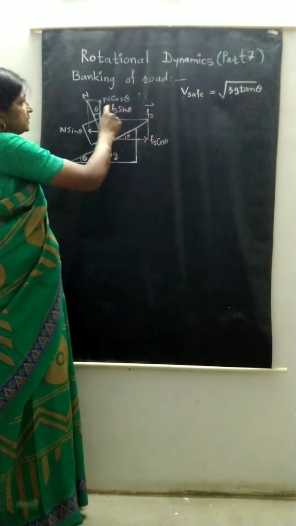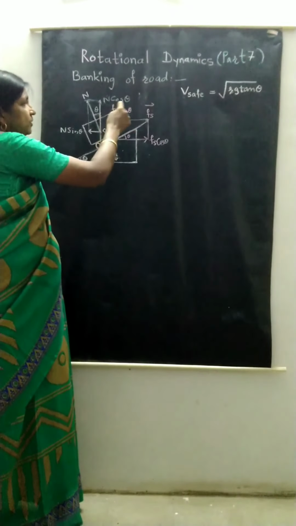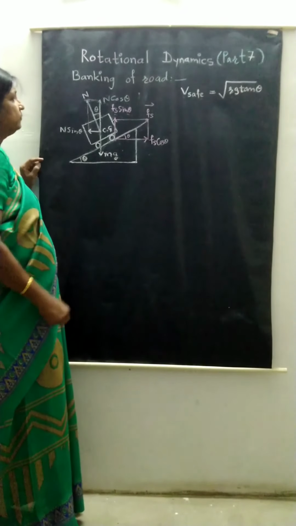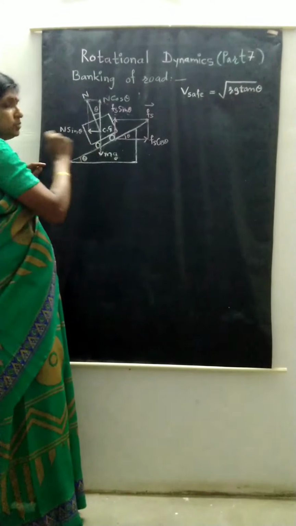As they are in the same direction, we will have to add Fs sin theta to N cos theta, and under balance condition we have to equate the addition of these two forces to mg.